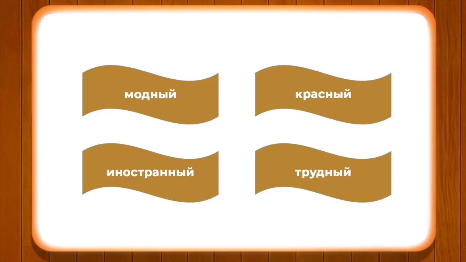Same case here again, you can see that the stress is falling onto a particular vowel. That is why the sound of such a vowel is higher, whereas the pronunciation of the word comes like модный, красный, иностранный, and трудный. Let us go back to the previous part and once again revise these new words.